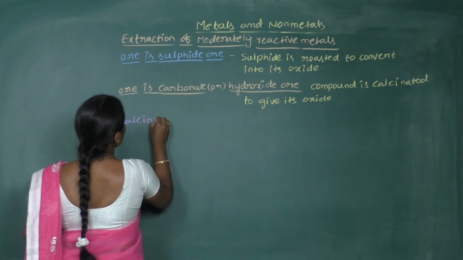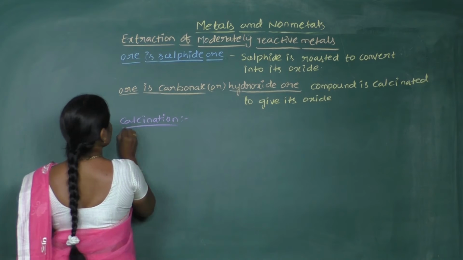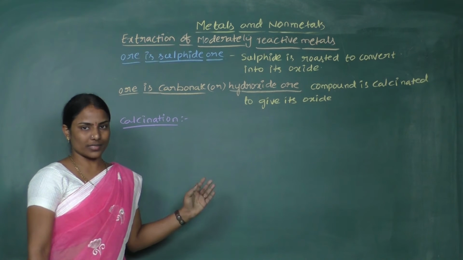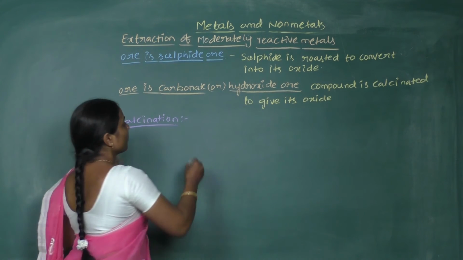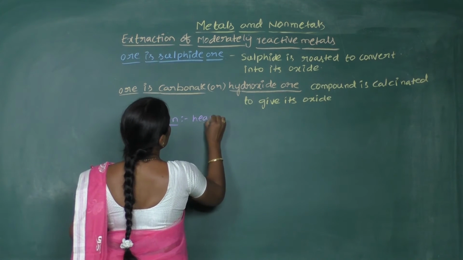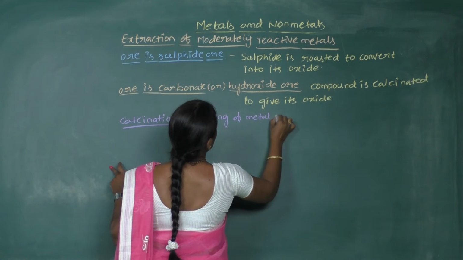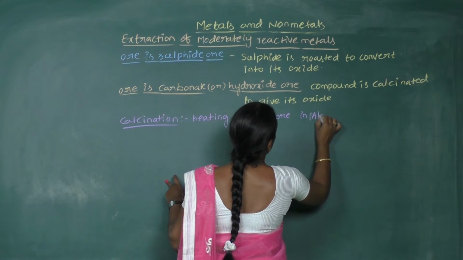The only difference between calcination and roasting is that roasting is done in the presence of excess oxygen or excess air, but calcination is heating of the metal ore in the absence of air.